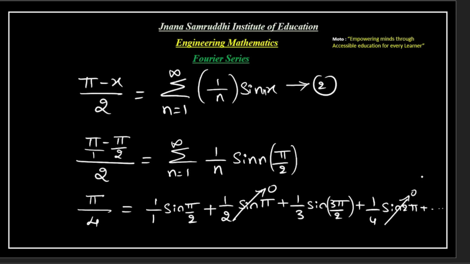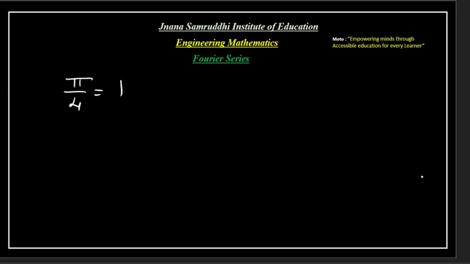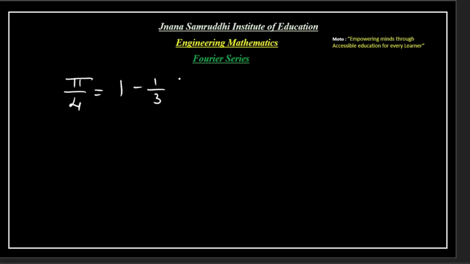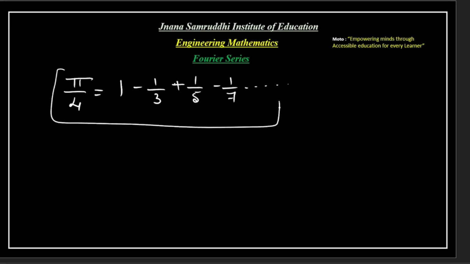Sin 3 pi by 2 value will be minus 1, which will be written as minus 1 by 3. Then next plus 1 by 5, minus 1 by 7. It keeps going. Therefore, the reduced Fourier series. Hence, good.